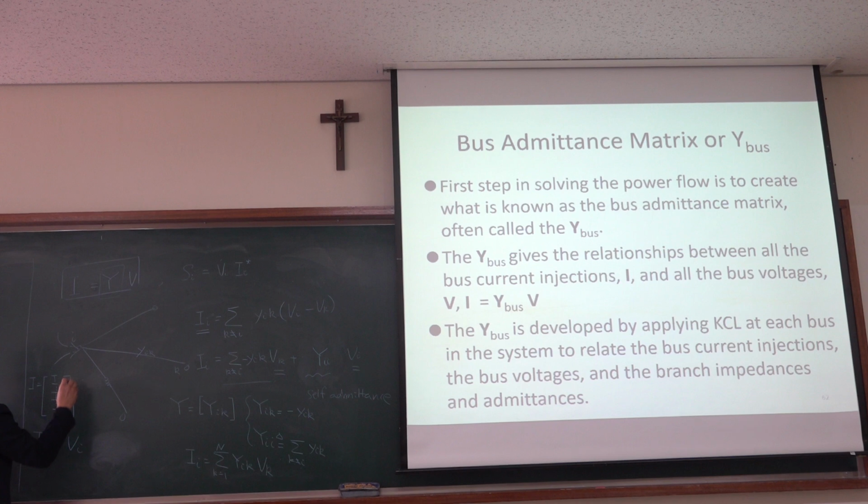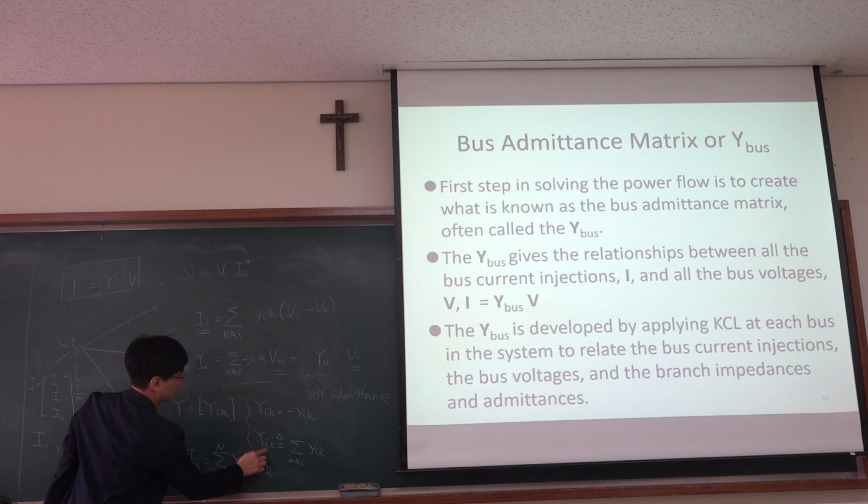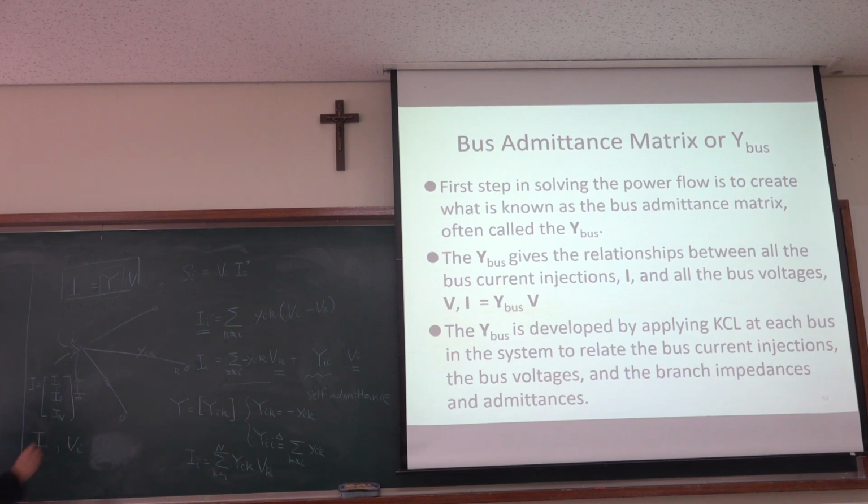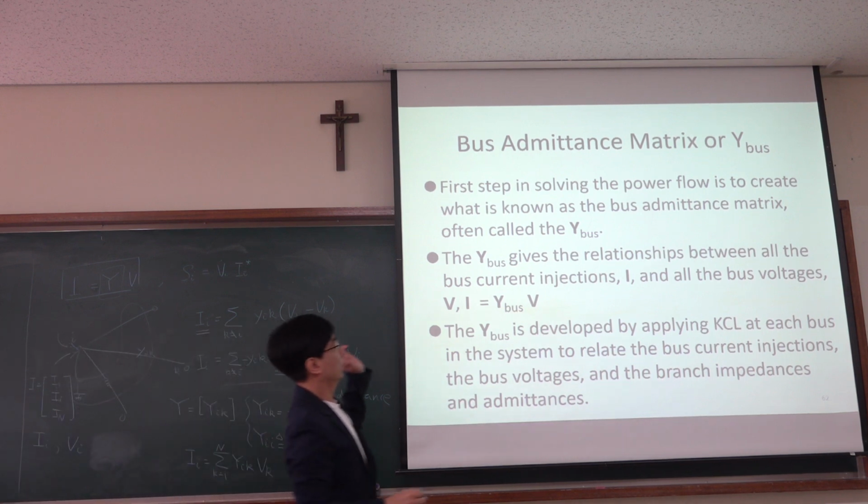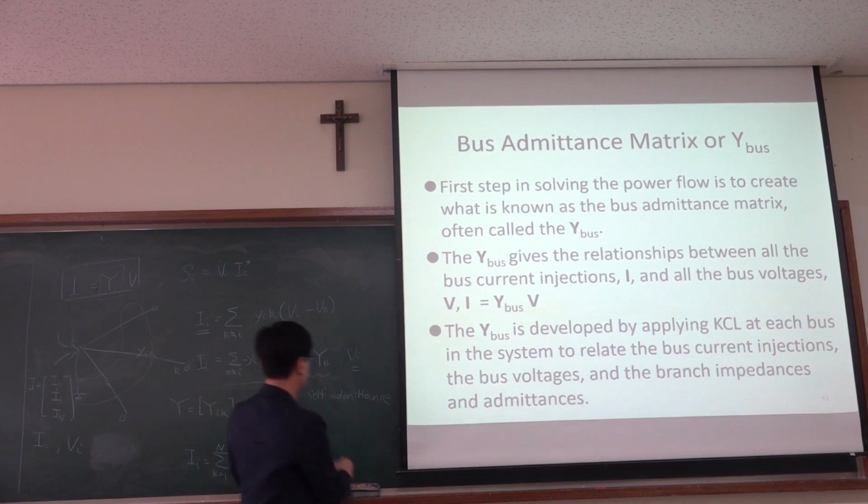Actually, at this node I we have a ground, then we have some parasitic capacitance. So the meaning of this is the sum of all the admittances of the lines, including itself. In another example, we will see what this means.